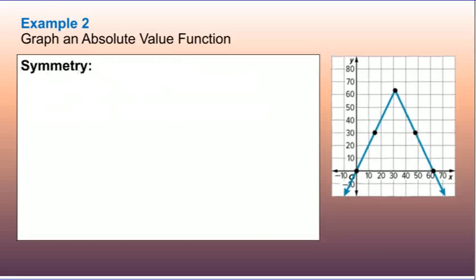Next part, we have symmetry. So is there any symmetry? Well, we can draw a line of symmetry through here, and that would be x equaling 31. And what does that mean?